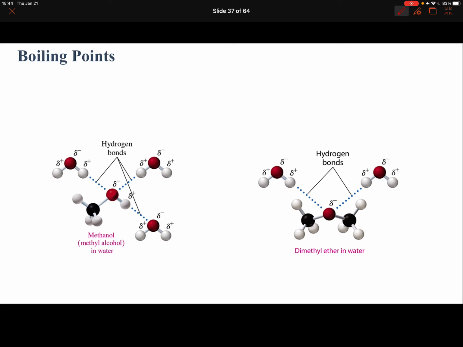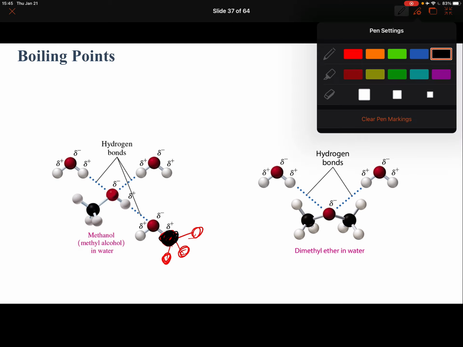This happens in the presence of other alcohols as well. If I brought in another alcohol here, or if I modified this water molecule and made this another methanol. So pretend that this red circle here was actually black. Let's say that this is another alcohol. You can see that this alcohol here and this alcohol here are attracting each other.